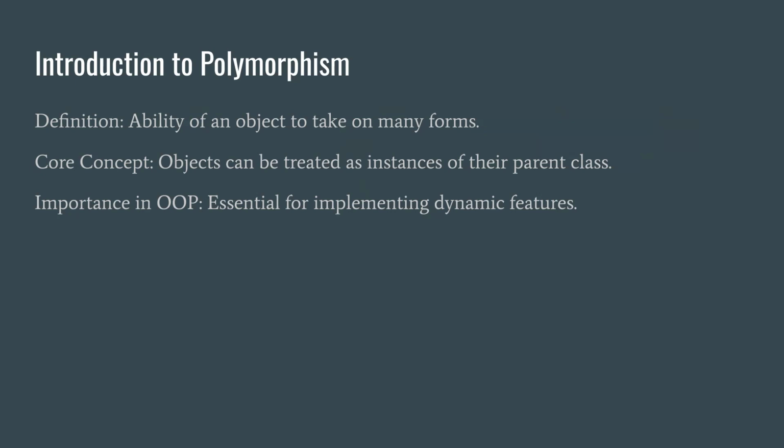So in programming, polymorphism allows objects to be treated as instances of their parent class rather than their actual derived class. It's a fundamental concept in enabling dynamic features in our programs.